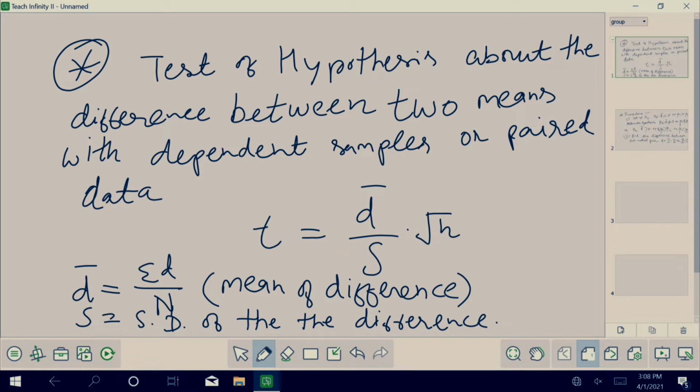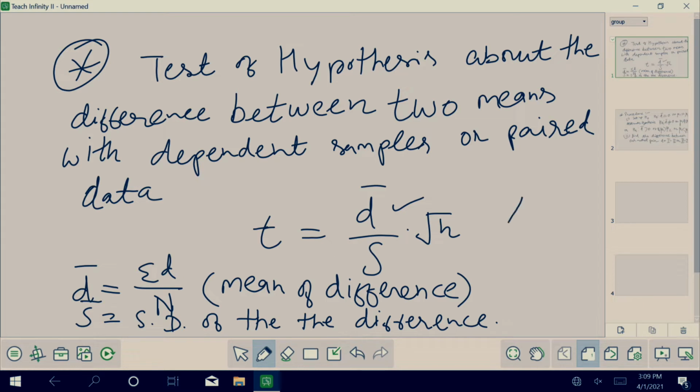So what is the formula of the t-test here? You can see t is equal to d bar divided by s into square root of n. So what is d bar here? d bar means sigma d divided by n, the mean of the difference.